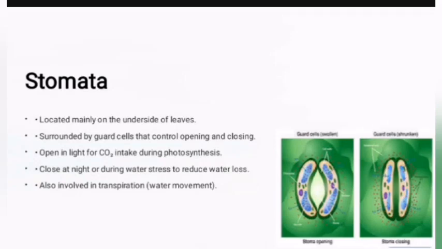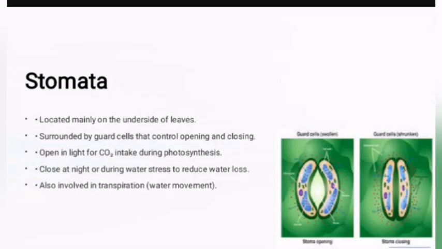Now, the structure of a stomata. Now, this specialized opening is guarded by two cells. Look at the right, you see a diagram. Then you see an opening, and then you see something like two kidney-shaped cells surrounding it.